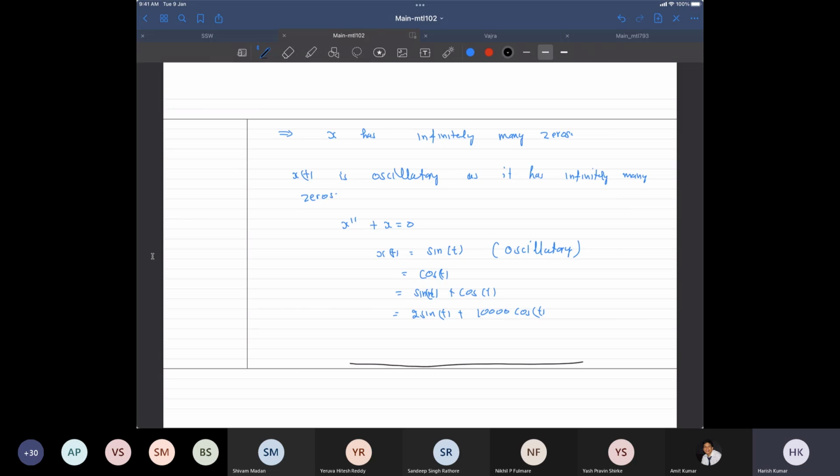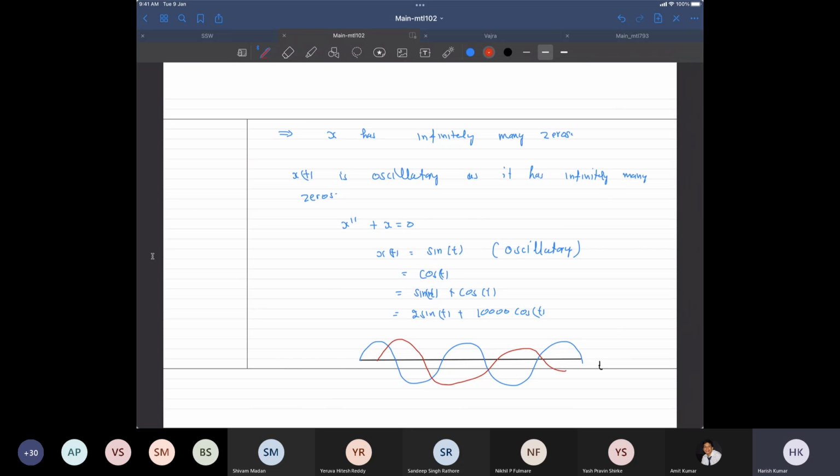So this is my t axis, and of course sine will go like this, and cos will go like this.